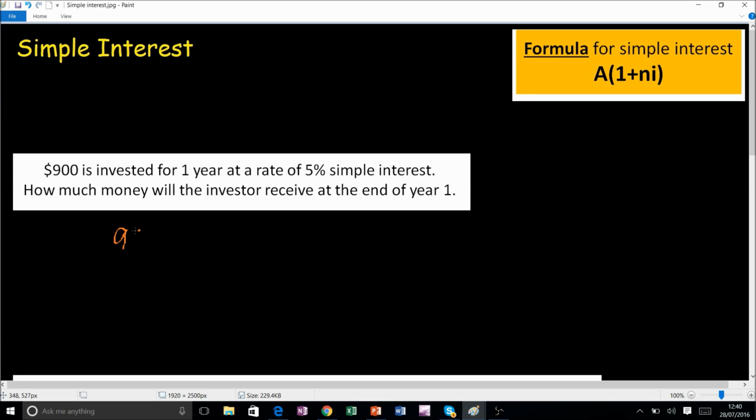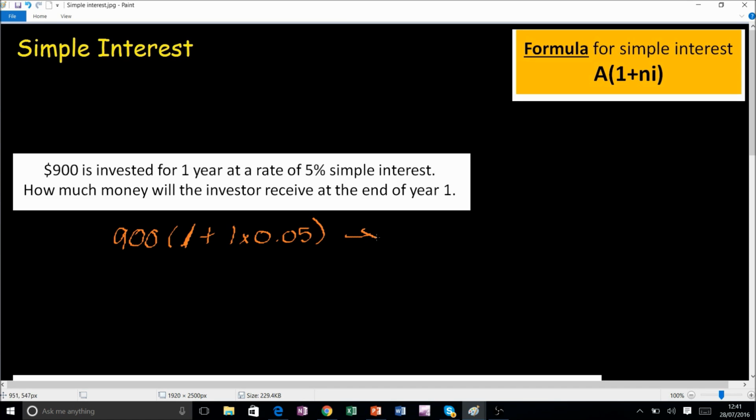So we're going to say 900 and 1 plus N, and our N here, which is the number of years, since we're working in years, is going to be 1, and times our interest rate, which is 5%. 5%, to write it down in a value form, is 0.05.